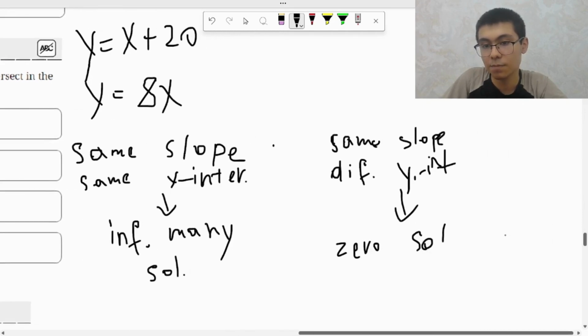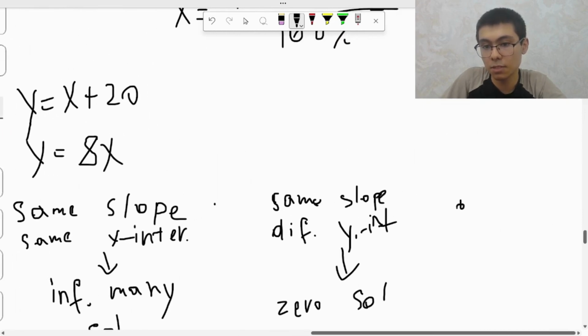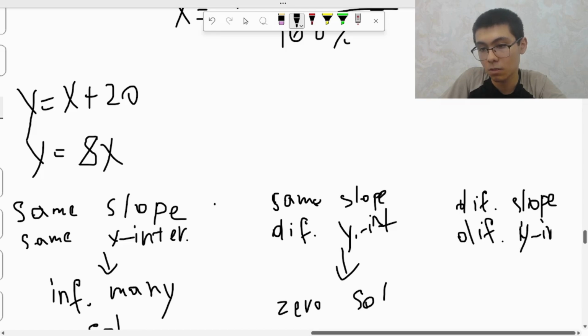And if there are different slopes and different y-intercepts, then that means there is one solution.